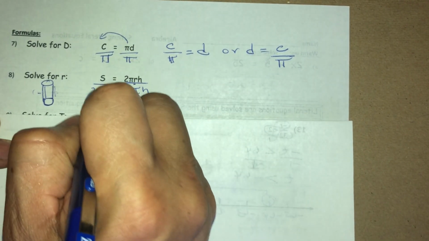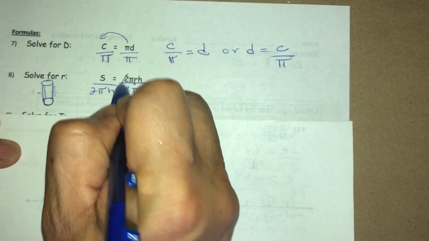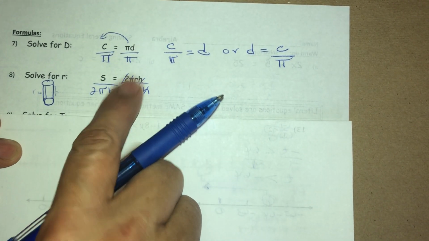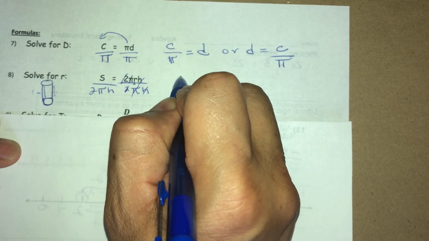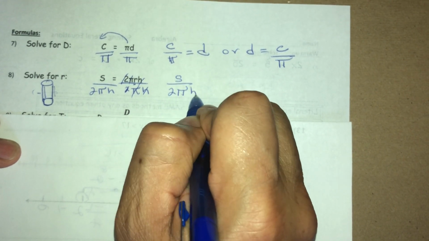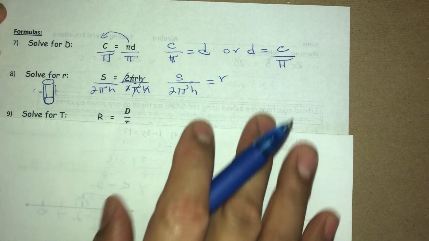Same thing here, 2 pi h. So 2 goes with the 2, pi with pi, h with h, and I have r left. So my answer should be s divided by 2 pi h equals r. Or you can write it the other way around, it's the same thing.